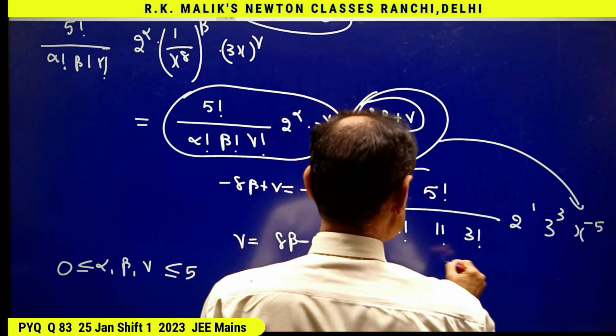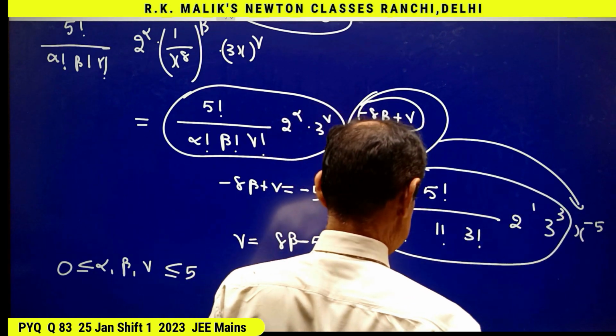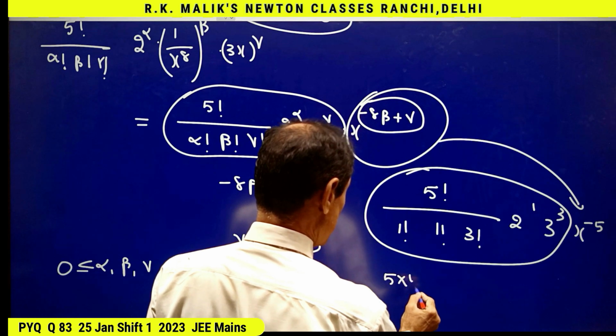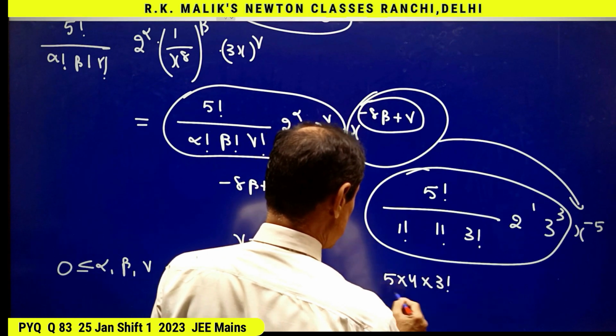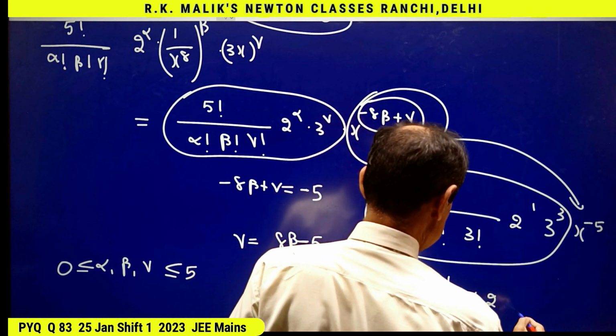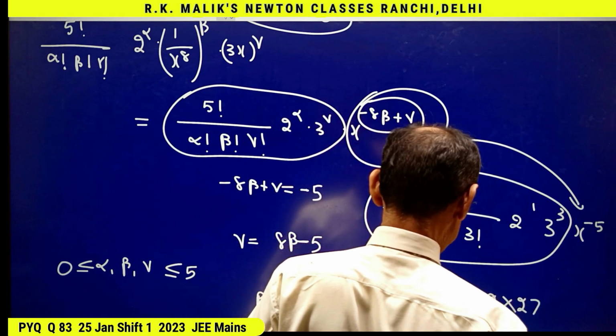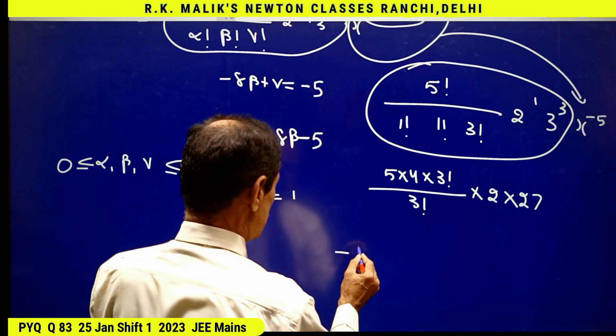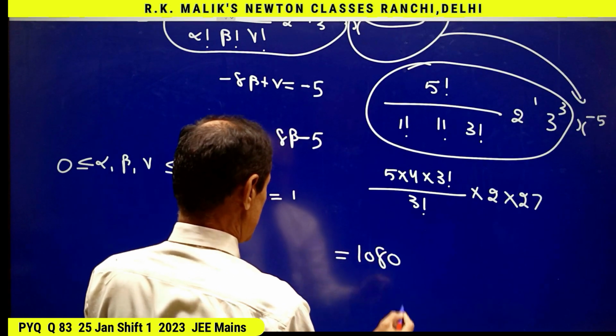Hence the coefficient becomes this, that is 5 into 4 into 3 factorial by 3 factorial into 2 into 27. This is equal to 1080.